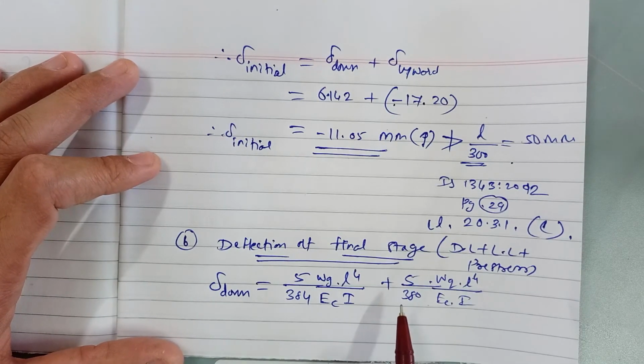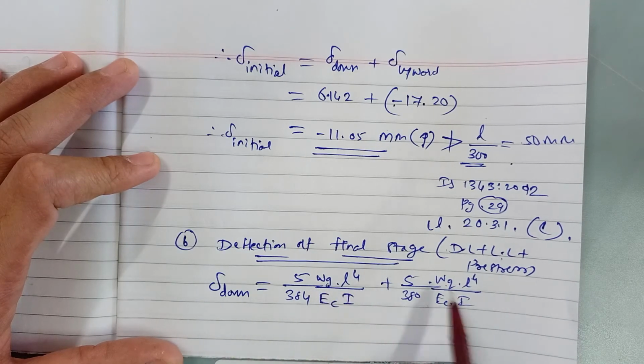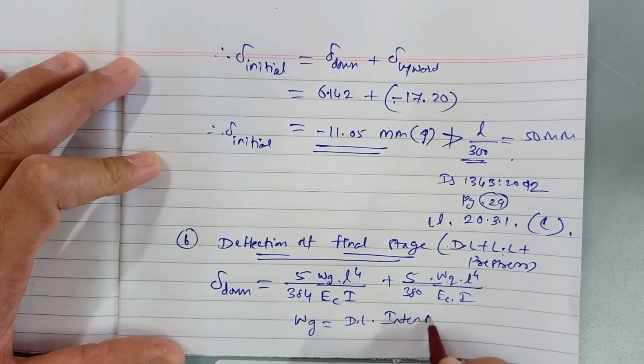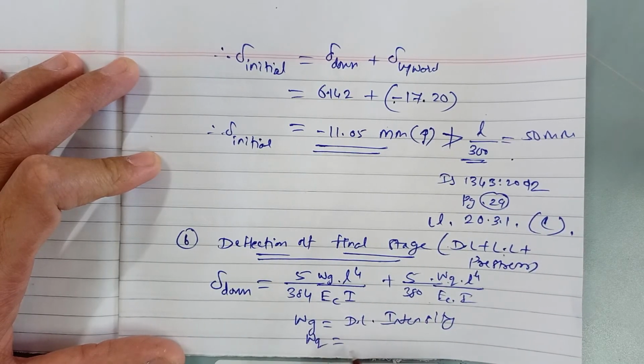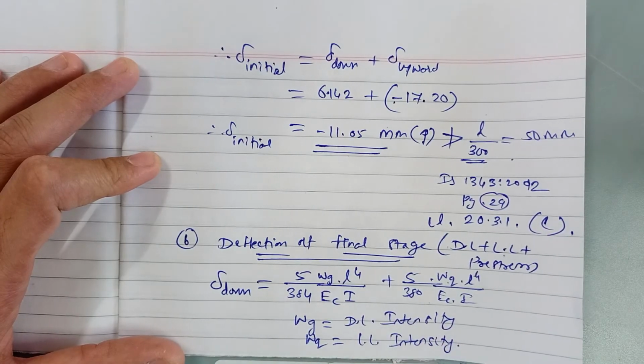Now you might be knowing deflection at final stage will be due to pre-stress plus dead load plus live load. Hence, downward deflection will be due to dead load and live load, where Wg is dead load intensity and Wq is live load intensity.